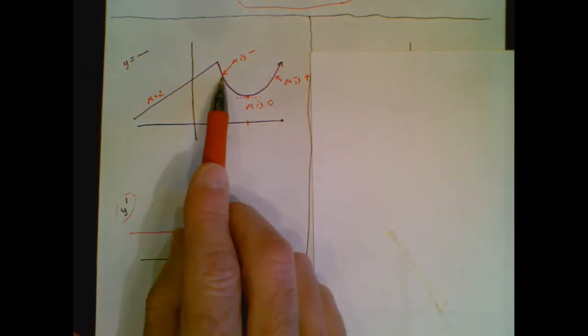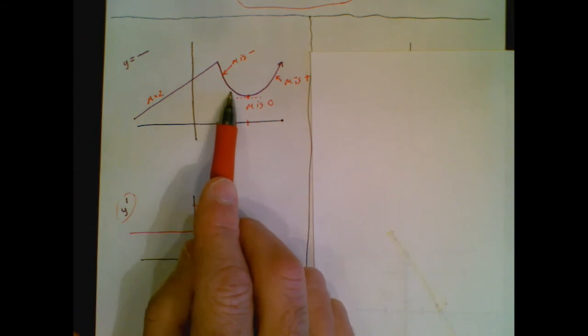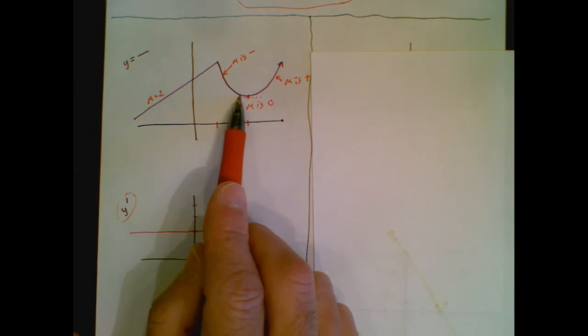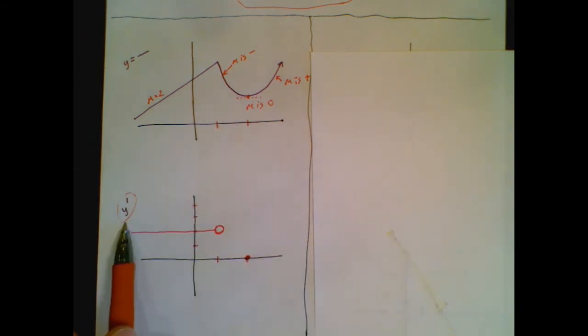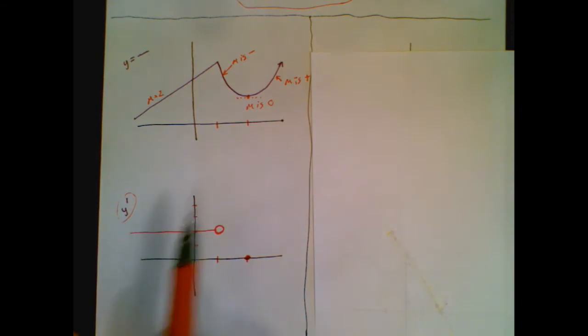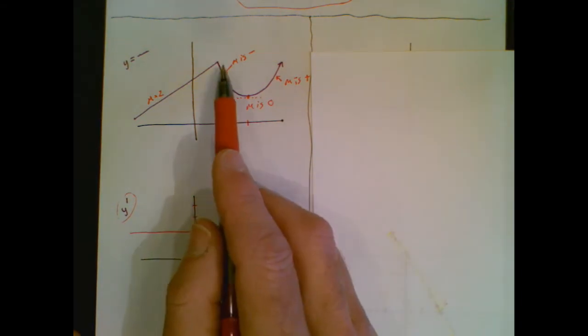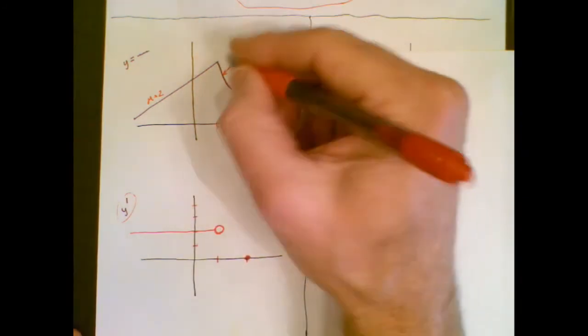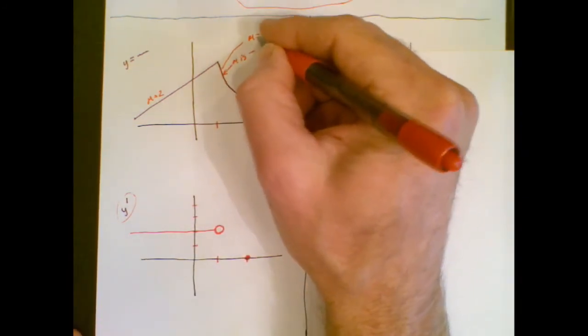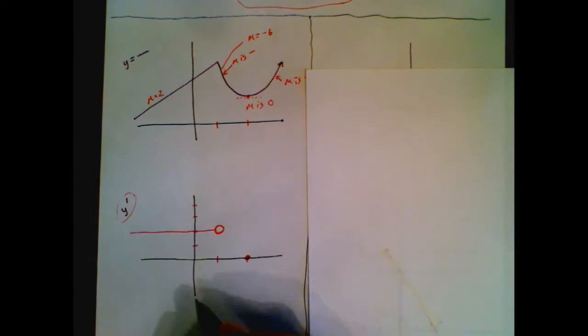Now if the slope is negative, but notice it's getting less and less negative, that means my y values have to be negative and getting less and less negative. That's a pretty steep slope, more than -2. So let's say it starts out at, say, -6. Okay, I went off the graph, but that's okay. I'll do it.